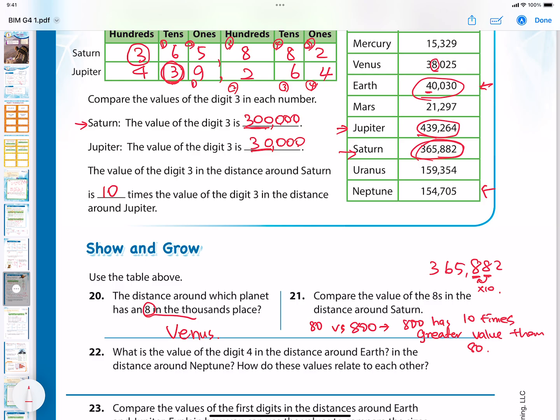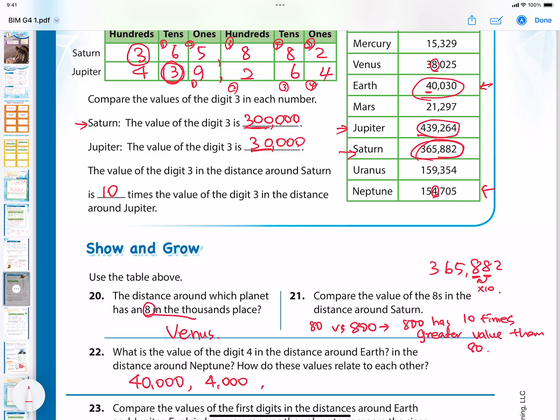Here in Neptune the digit 4 is in here, and Earth is what? First question was: what is the value of the digit 4 in the distance around Earth? It was 40,000. That's the first answer. And second question, in the distance around Neptune, that's 4,000.